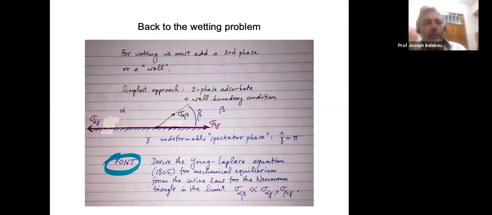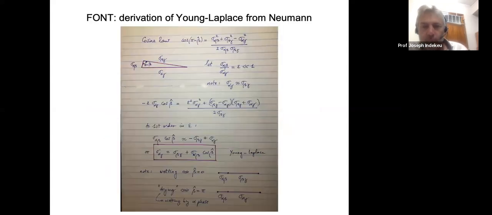But still, we would like to understand how we can get to this situation starting from a well-defined Neumann triangle. So that we did yesterday. We said, okay, let's take the cosine law for the angle beta hat, and it is repeated here.